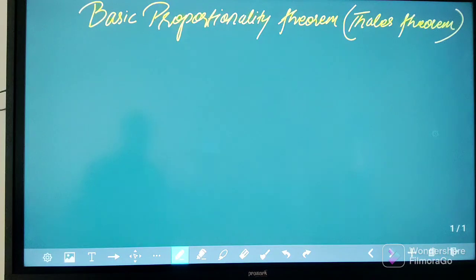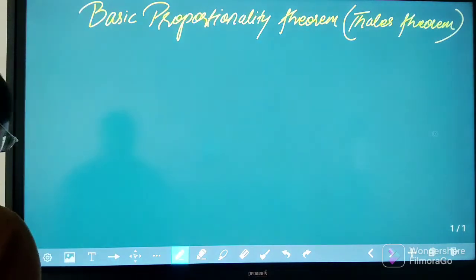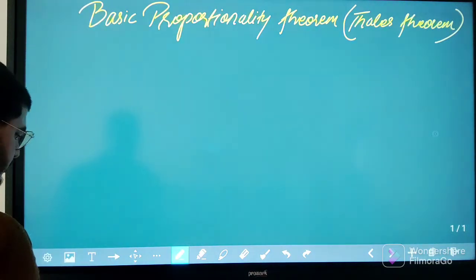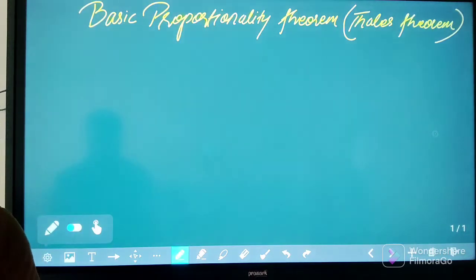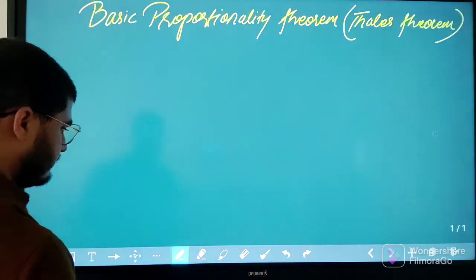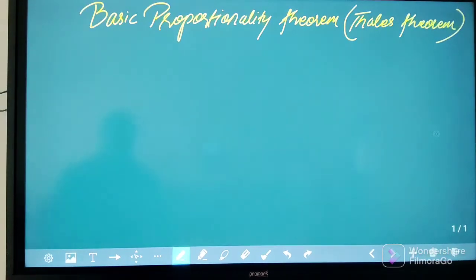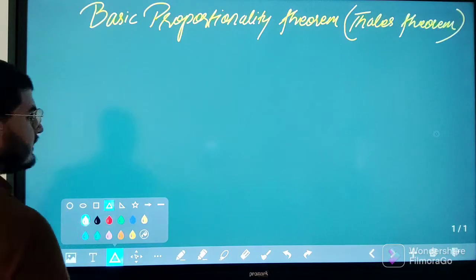So what does this theorem say? Suppose there is a triangle. This theorem says that if there is a triangle, let's make a triangle.